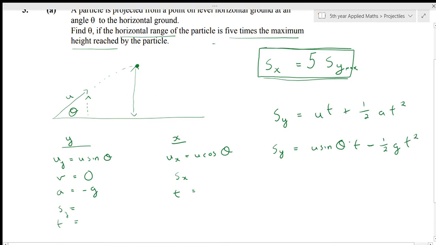Now this equation on its own hasn't given us very much, so let's see, can we get rid of a variable here? Well, what we could do is get an expression for t. So if we use the equation v equals u plus at, we know at the top of its journey v equals 0, u is u sine theta, minus g times t.